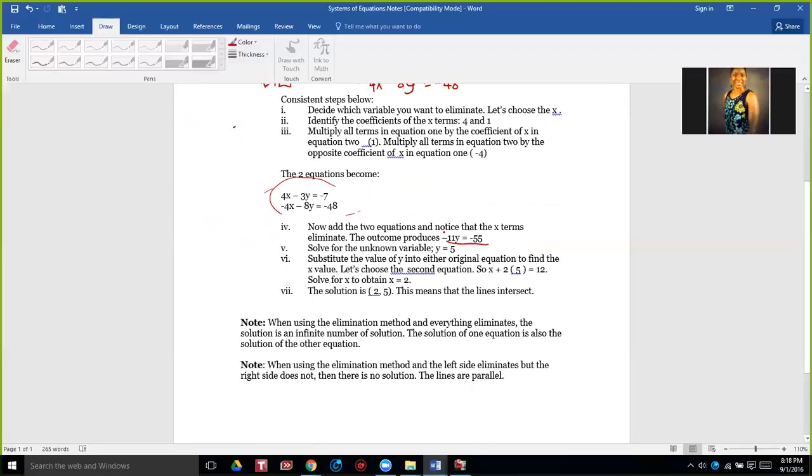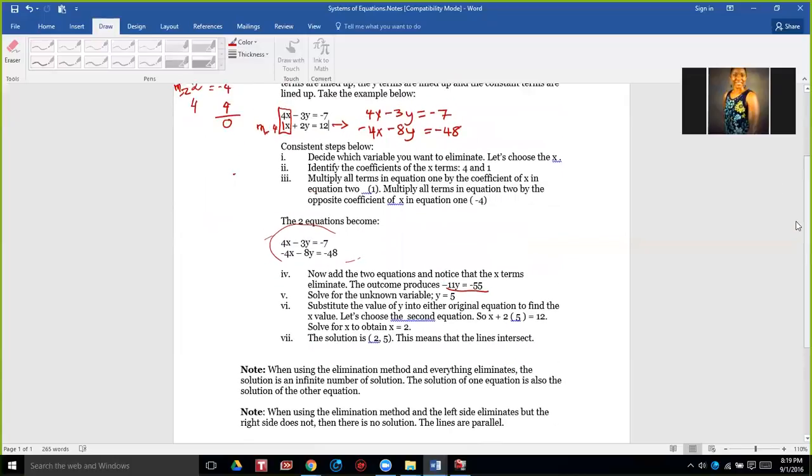We're able to solve for y, and so when we solve for y, that means that y is equal to 5. Once we have 5, we're able to find x. Plug it into either original equation, the first or the second one, it doesn't matter. We decided to use the second equation.